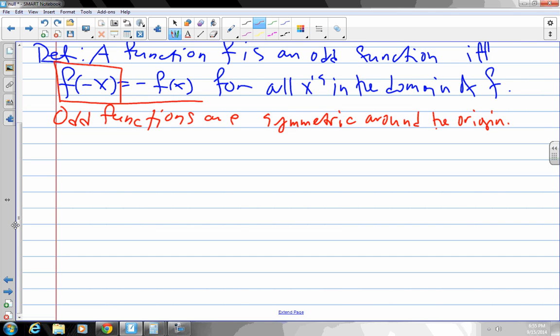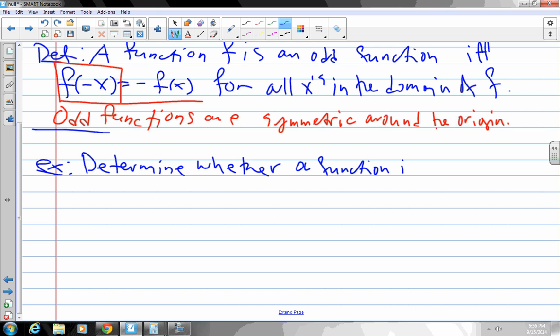So example, determine whether a function is odd, even, or neither.